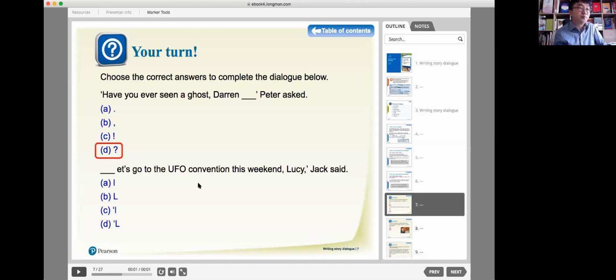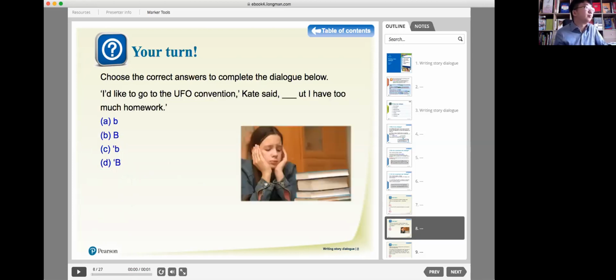Next one. It's the beginning of the sentence, so we have to use a capital L, and also remember the punctuation mark. So the answer is also D. Here, "I'd like to go to the UFO convention," Kate said, comma.